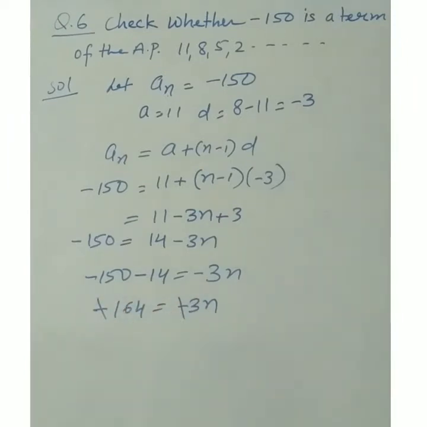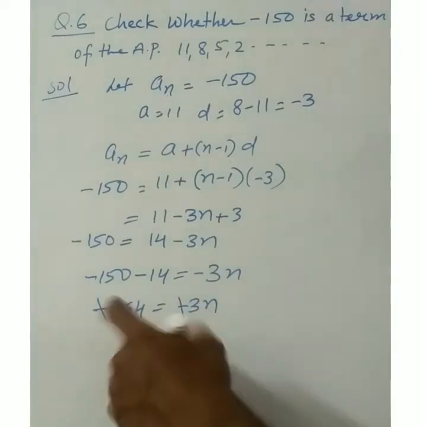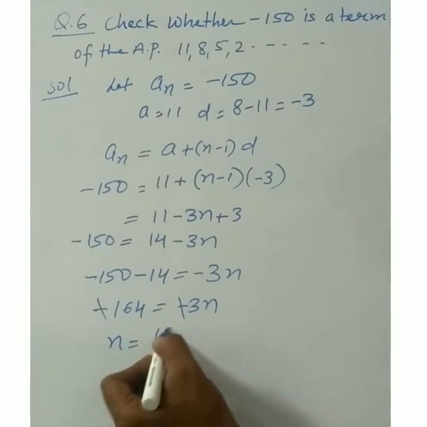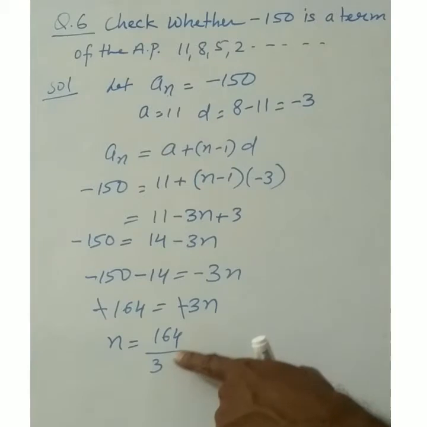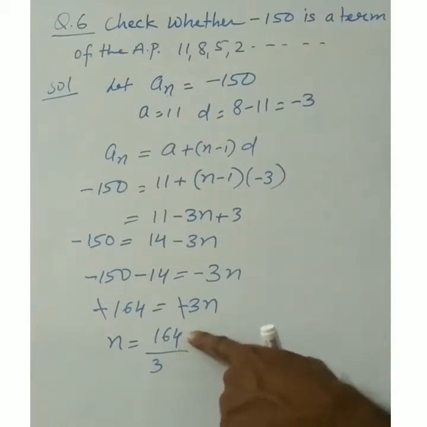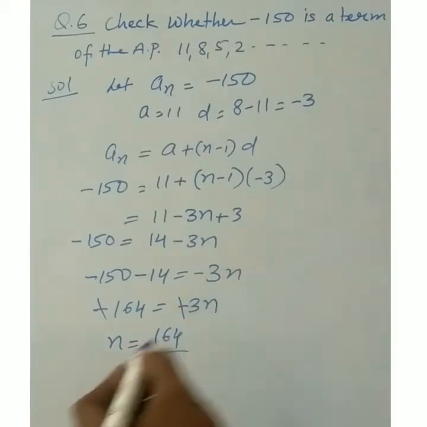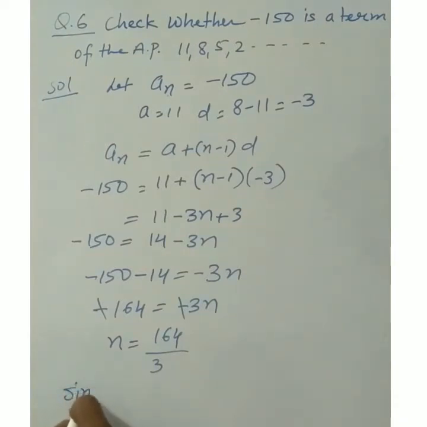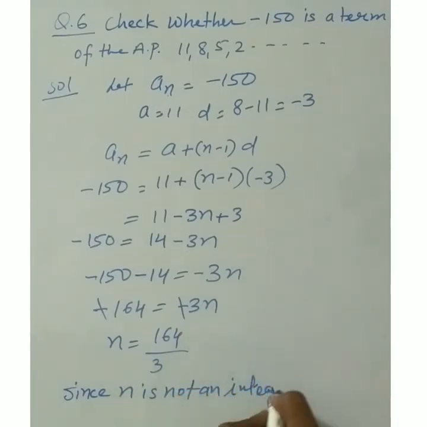Cancel this with this one. Now shift this 3 in the denominator. 164 upon 3. It is not possible to divide these two, since n is not an integer. Therefore, minus 150 is not a term of AP.